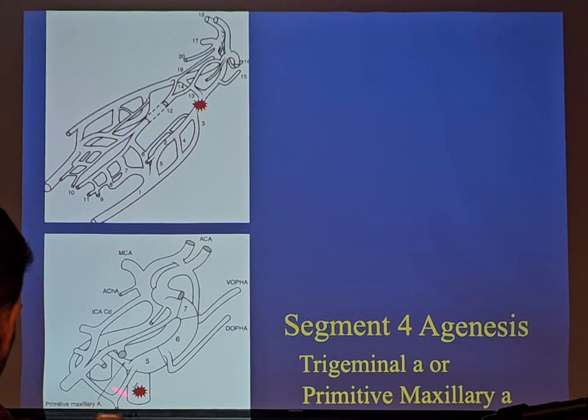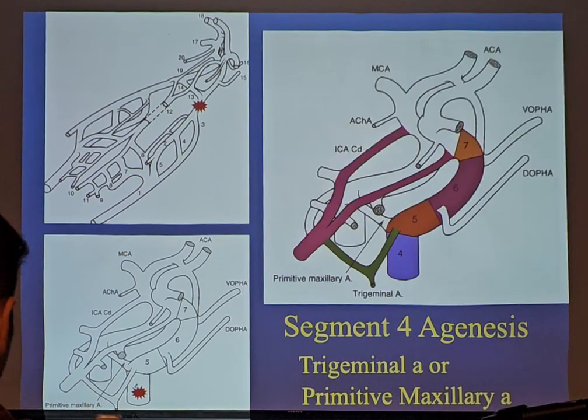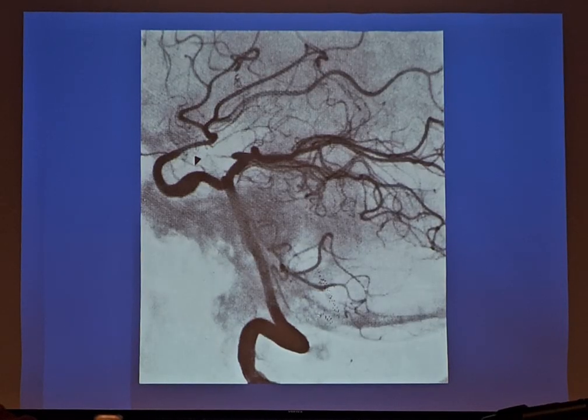With the fourth segment gone, the other close source of reconstitution is the trigeminal or primitive maxillary artery, right? This is the only case I know, from the Pierre book. Okay, this is a trigeminal artery giving internal carotid artery reconstitution.